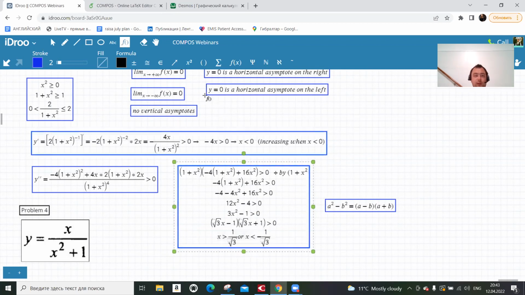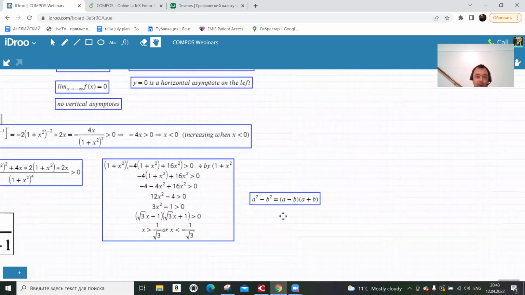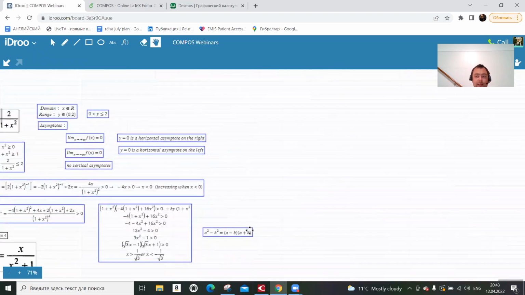Okay, so the function is convex for these values. The function is convex. All right, and in a similar way, we draw a table.